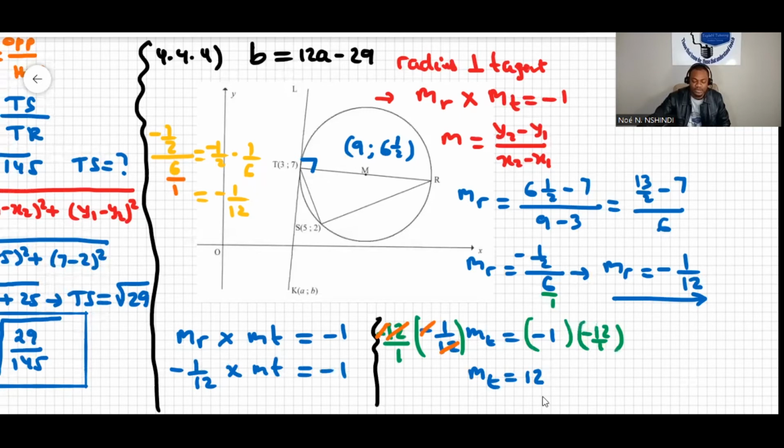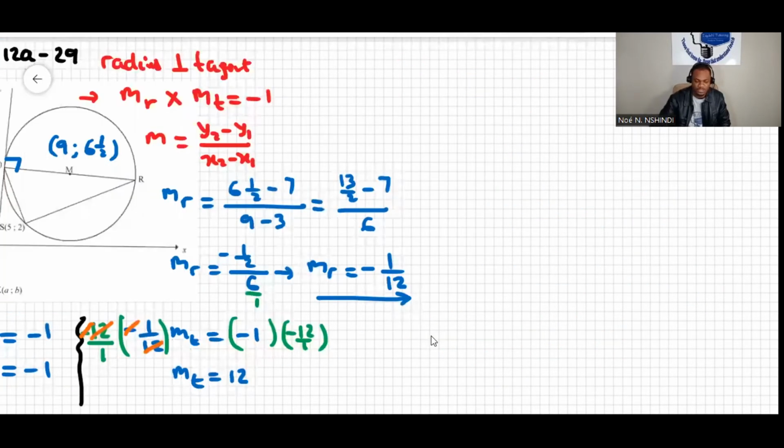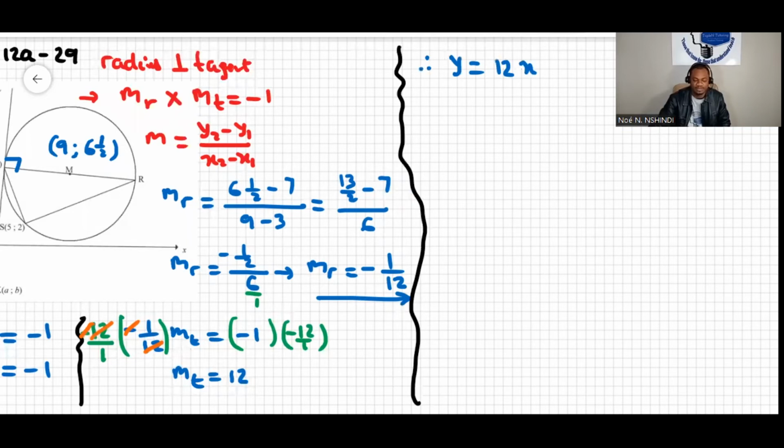Now that I've got this gradient, I can work out the equation of the tangent, the line that passes through the point T. Therefore, the line is going to be y equals 12x plus c.